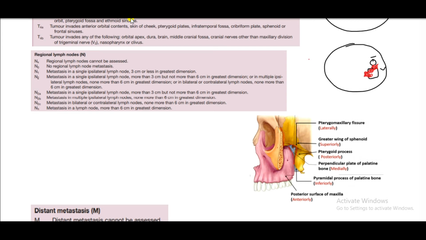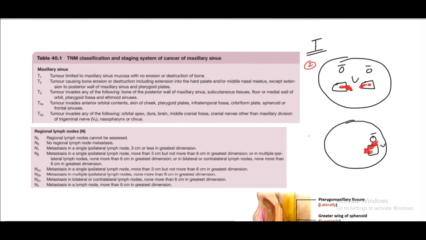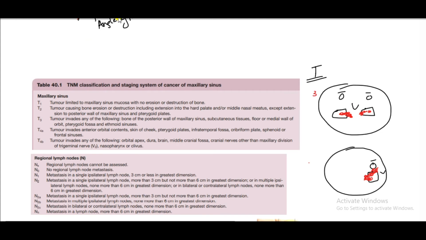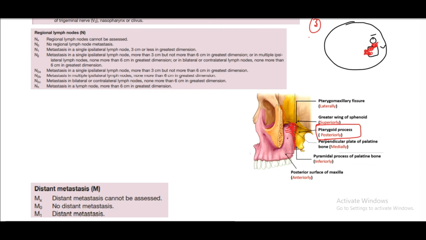For clearer understanding, you can see our pterygoid process here, and the tumor from the maxillary sinus invades into the posterior walls of the pterygoid. This is the T3 stage classification.